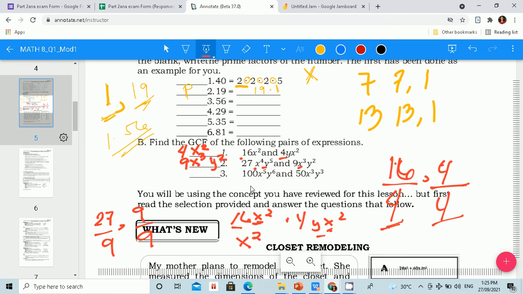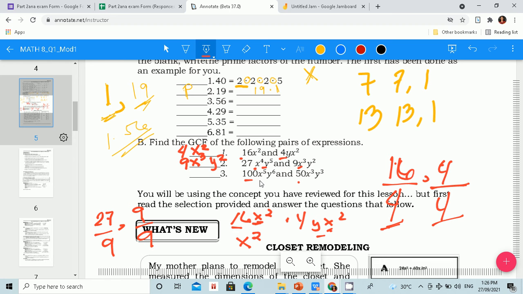So, simple, class. We're just going to determine the number that is common to 150 and 50. And then, determine the variable that is common to 100x to the 5th and y to the 6th, and 50x cubed y cubed. So what is common?